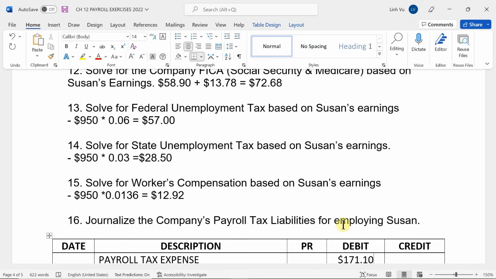So it's 6% for federal unemployment, and 3% for state unemployment.